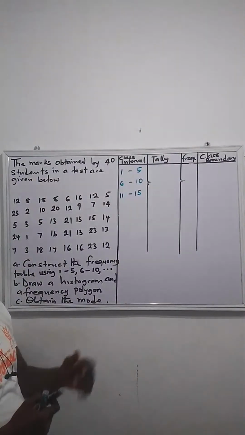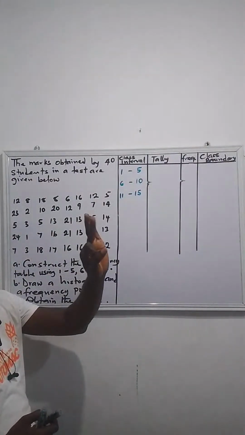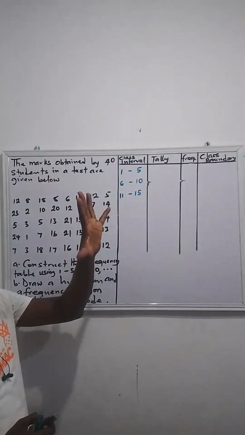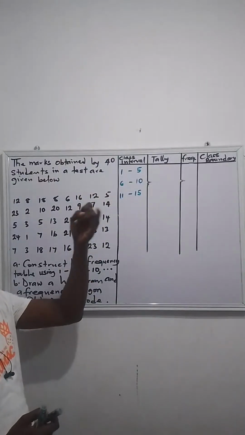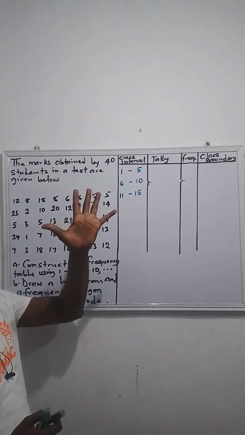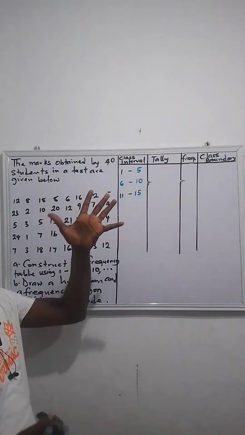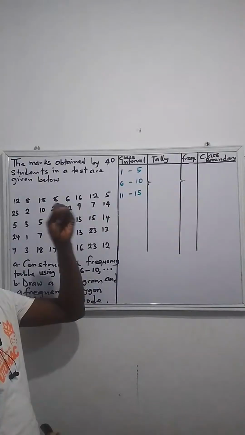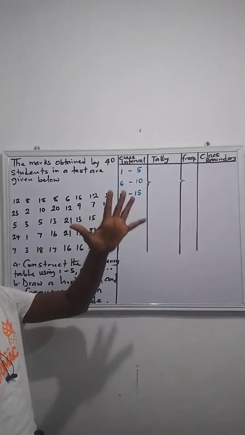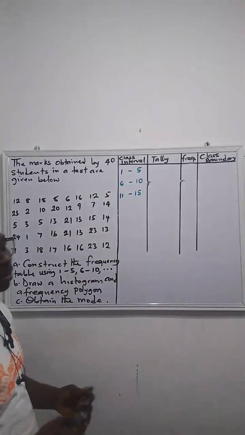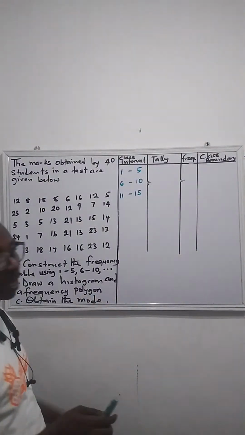You can count it this way: 1, 2, 3, 4, 5. So 1 to 5. Next one, 6, 7, 8, 9, 10. The next one, 11, 12, 13, 14, 15. So the next one will be 16, 17, 18, 19, 20. It's just an interval with a class width of 5.